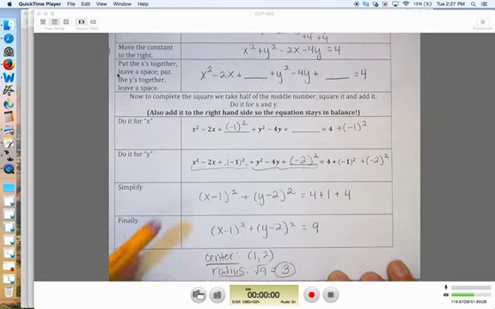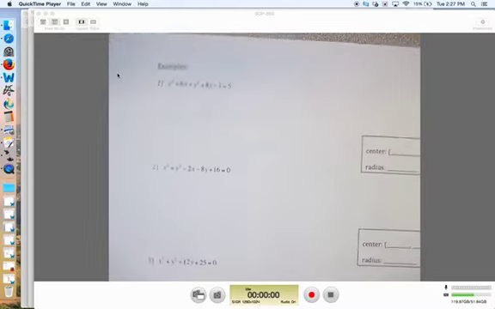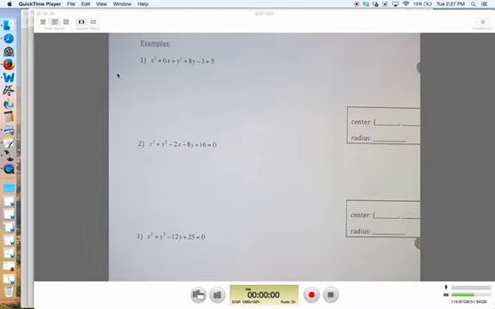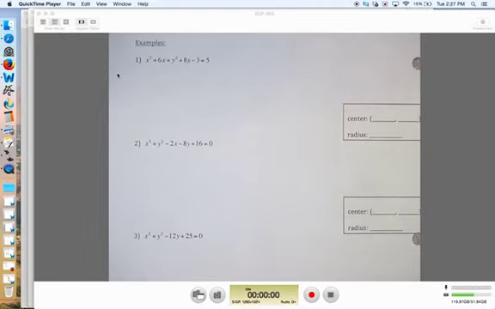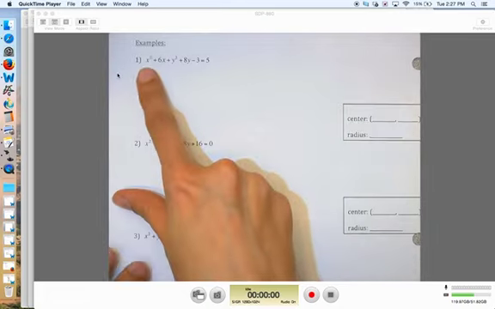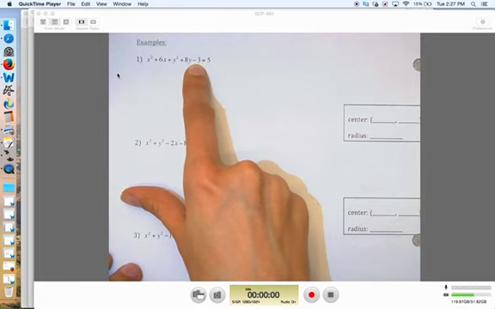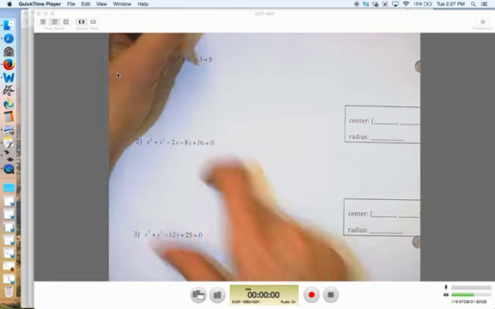Okay, so we're going to do a few examples. We're going to complete the square to rewrite this equation, and then we're going to identify the center and the radius. So the first step is to move any constants over to the right-hand side. So here we have -3 that needs to be moved over with this 5, so we're going to add 3.